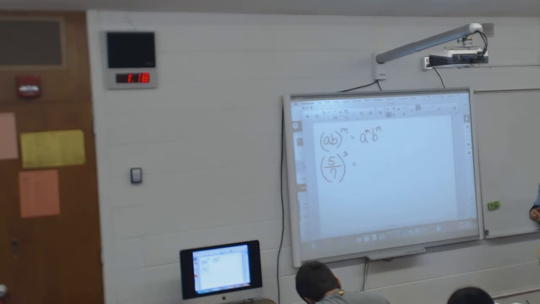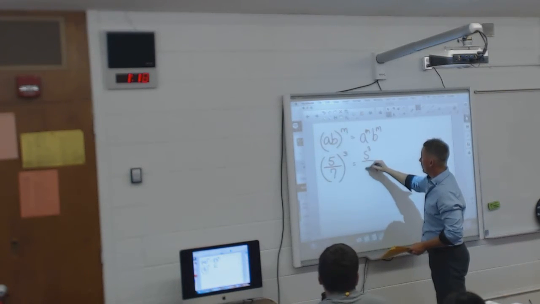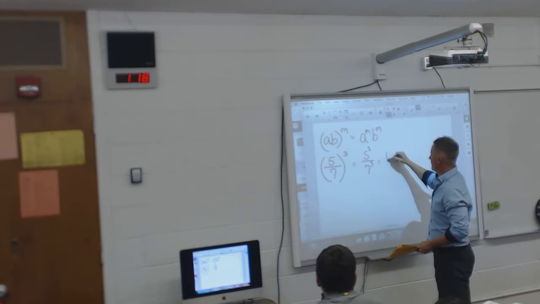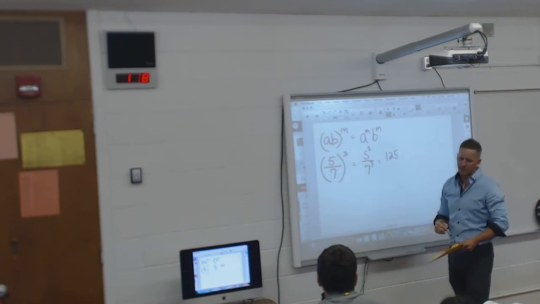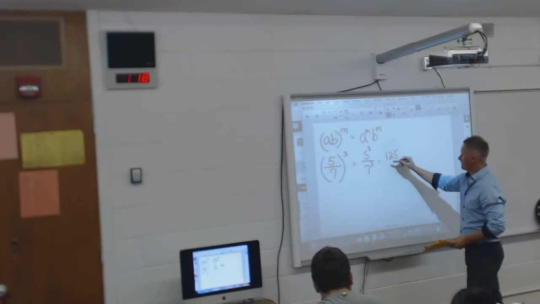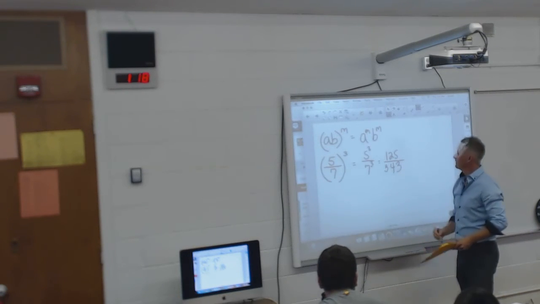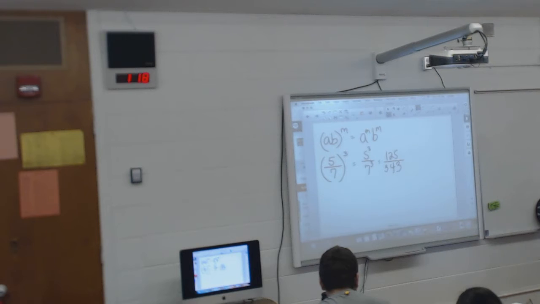So to rewrite this with expansion, this becomes 5 cubed over 7 cubed. 125 over 7 cubed. Anyway, what do you got? 343. Thank you. Okay? Everybody's okay? That was yesterday's question.